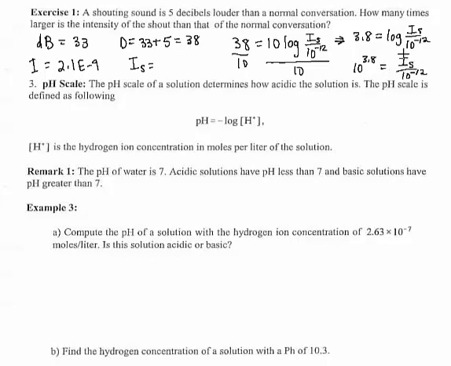And now to solve for this intensity, we multiply both sides by 10 to the negative 12. So I've run out of room over here. I'll simply write the intensity of the shout equals 10 to the power of 3.8 times 10 to the negative 12.